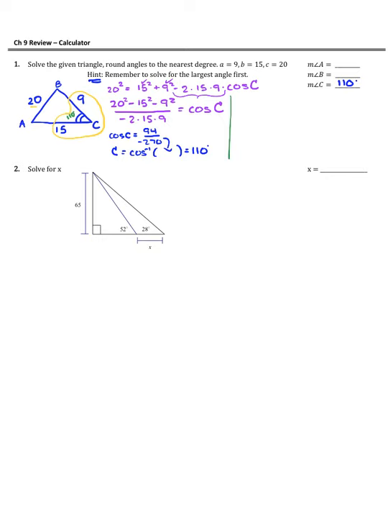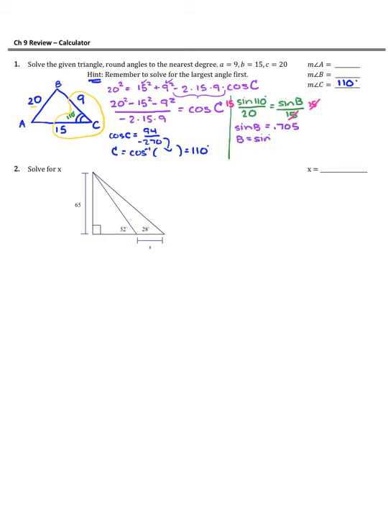So I'm going to solve for angle B using law of sines. I know that the sine of 110 is to the opposite side, as the sine of angle B, which I don't know, is to its opposite side. I can multiply both sides by 15, and when I work this out on my calculator, it will tell me that the sine of B is going to equal 0.705.